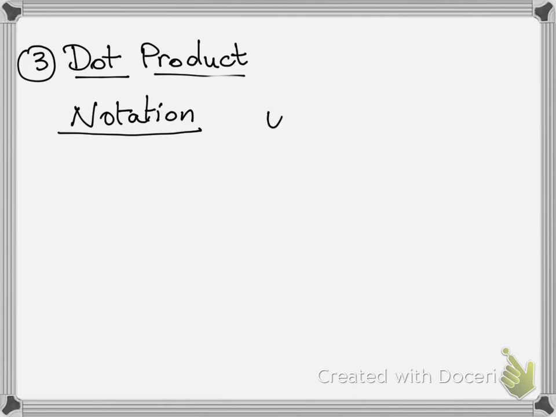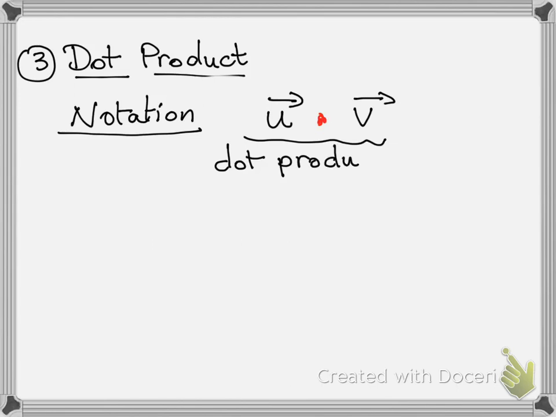That would be u dot v. This is the dot product of u with v, or u dot v.